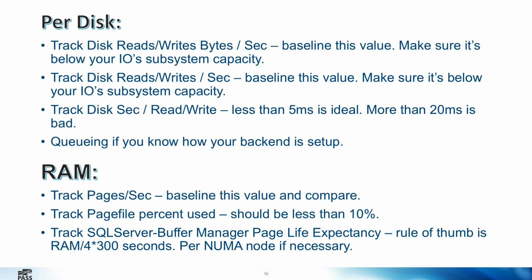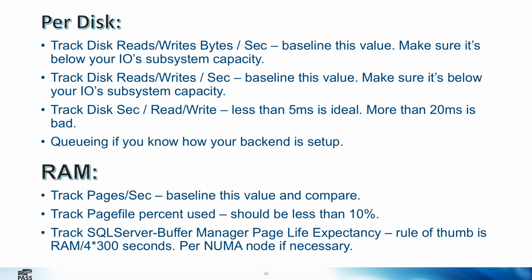All right, so the bandwidth, you definitely want to baseline it and make sure that what you're actually consuming is below what your I/O subsystem capacity is. Otherwise, if your storage admin says that the SAN can consume about 1 gigabit per second of storage bandwidth and you're already at that, then you probably want to start having a capacity planning conversation.